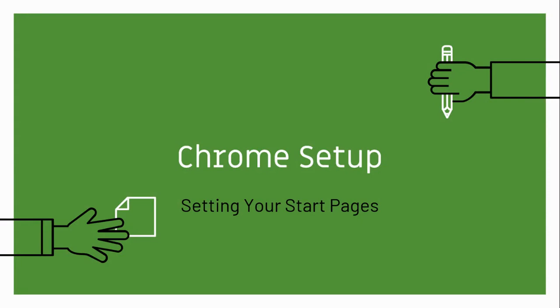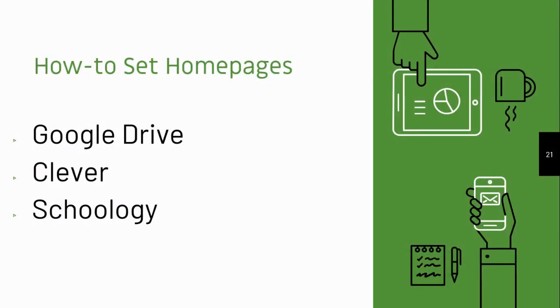Let's organize your start pages so that you will not have to spend time logging into various websites each morning or every time you log into Chrome. I recommend that you set 3 pages to automatically open each time you launch Chrome: Google Drive, Clever, and Schoology.